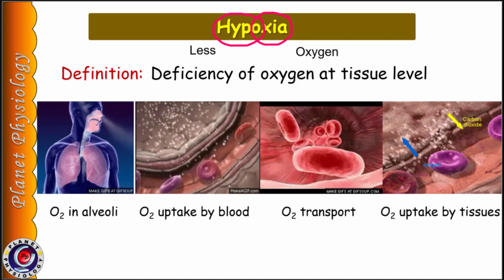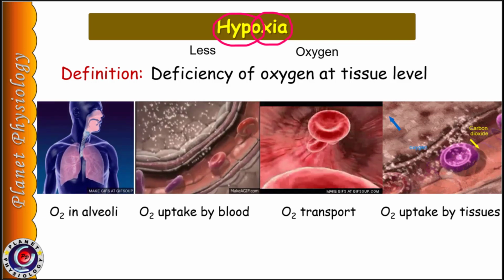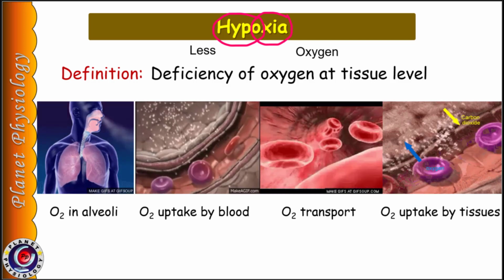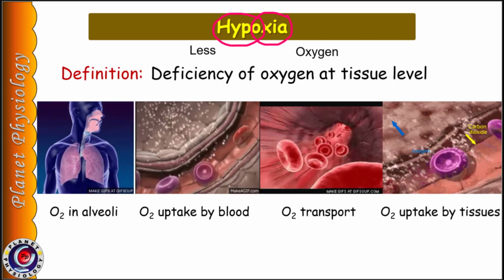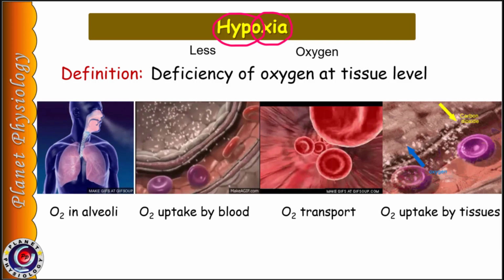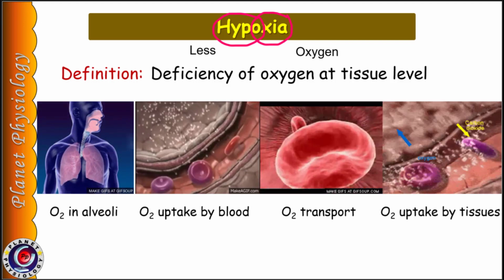So, these four steps: oxygen availability in the alveoli, its uptake at the respiratory membrane, oxygen transport with the help of hemoglobin and circulatory system, and its uptake by the cells are very important in making oxygen available to the cells.